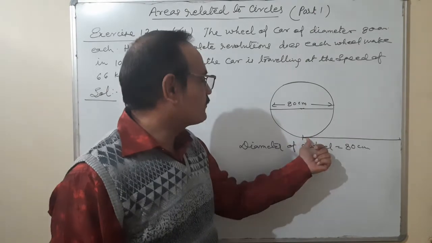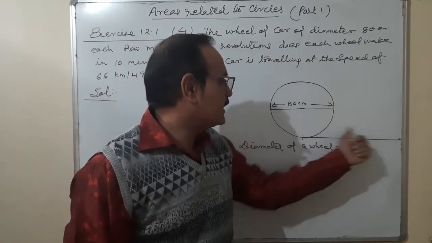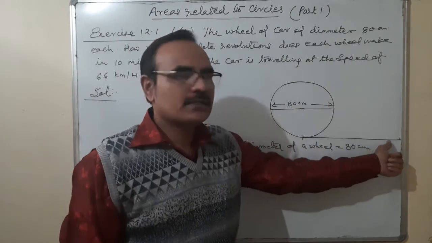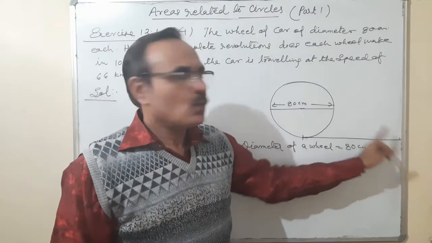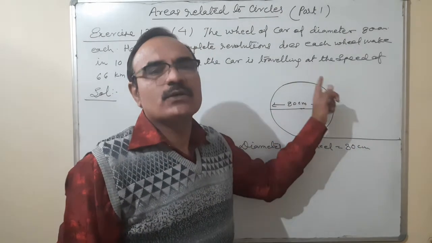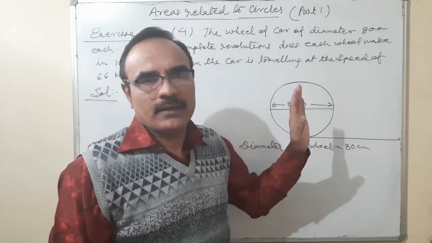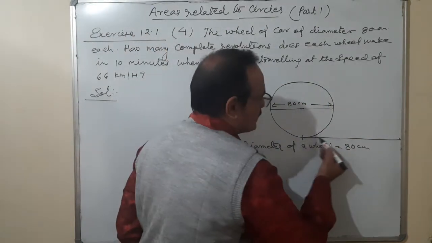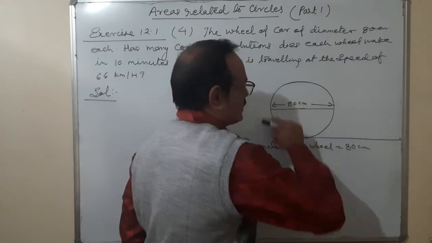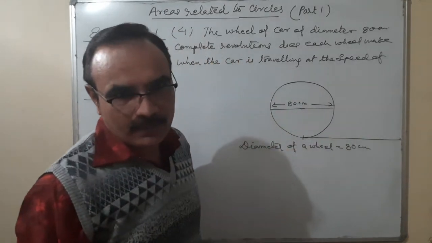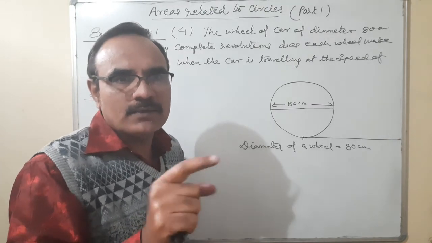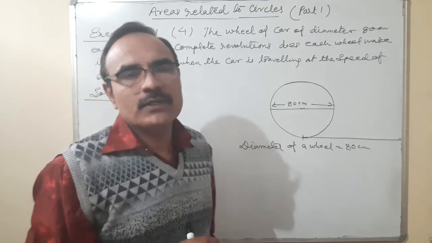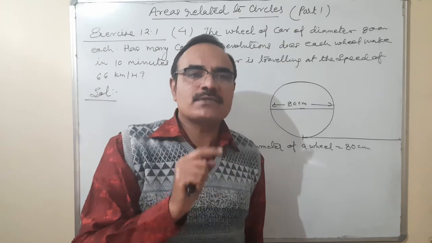Starting from here, it rotates like that, and when it comes back to the same place, the distance covered is one circumference of the wheel. Am I right? So the number of revolutions means the number of turns. One turn is equal to the length of the circumference of the circle.